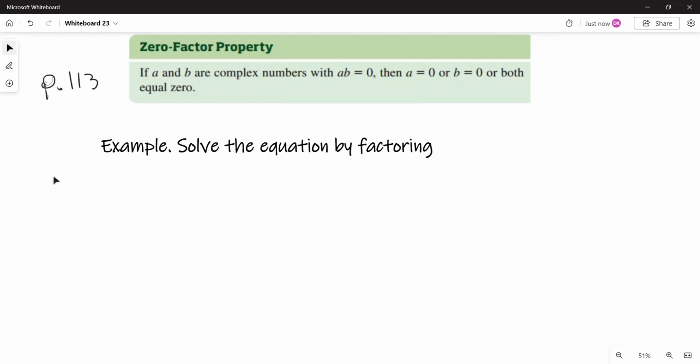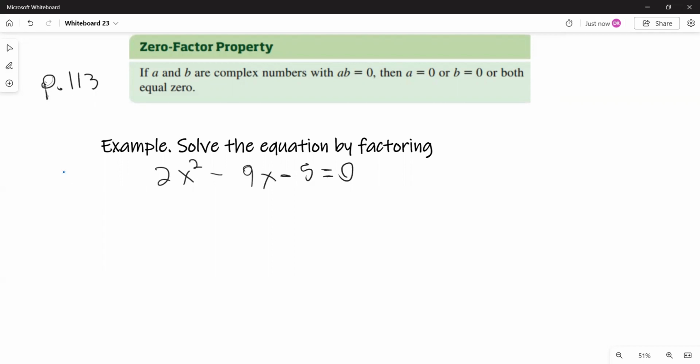Using the zero factor property, the equation is 2x squared minus 9x minus 5 equals 0. Every time we have an equal sign, we have an equation.